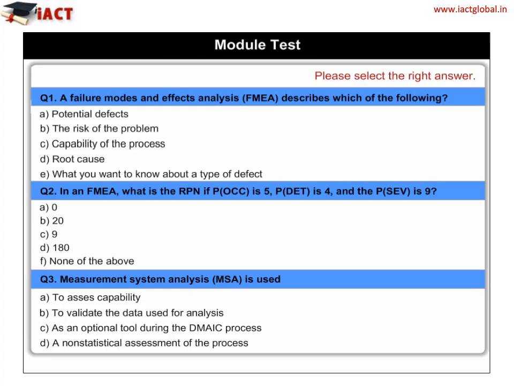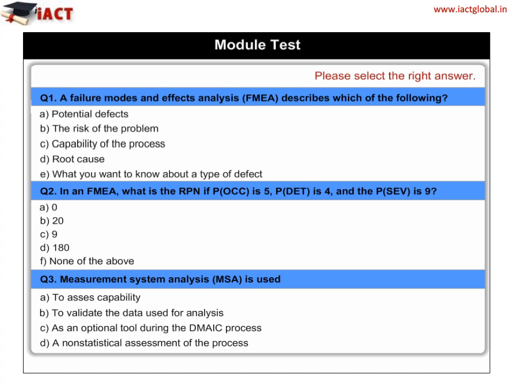Module test. Failure modes and effects analysis, FMEA, describes which of the following: A. Potential defects. B. The risk of the problem. C. Capability of the process. D. Root cause. E. What you want to know about the type of defect.